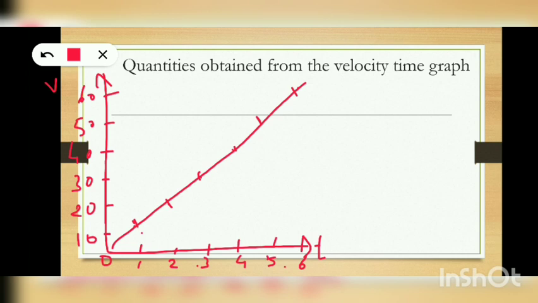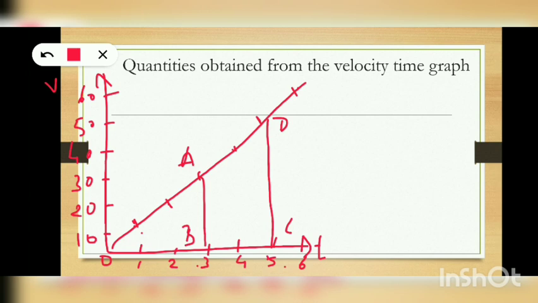So for that, consider the area below the graph in that time interval 3 to 5. And let me name this portion as A, B, C, D. So how will you calculate the area of this portion A, B, C, D?